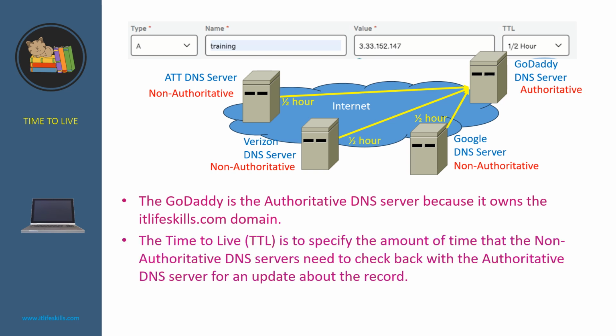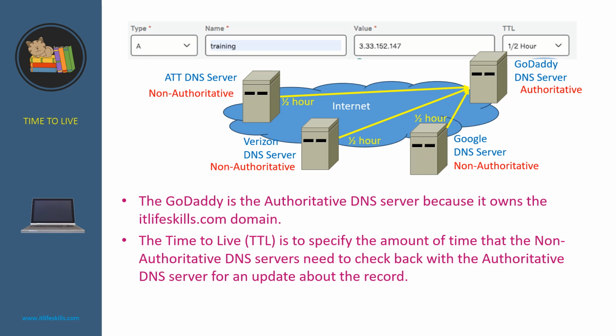And the time to live specifies the amount of time the non-authoritative DNS servers, such as AT&T, Verizon, or Google, need to check back with the authoritative DNS server for an update about the record. So when we first set up the public DNS records, we usually specify the time to live value to 30 minutes so it can get updated from the non-authoritative DNS servers quickly.